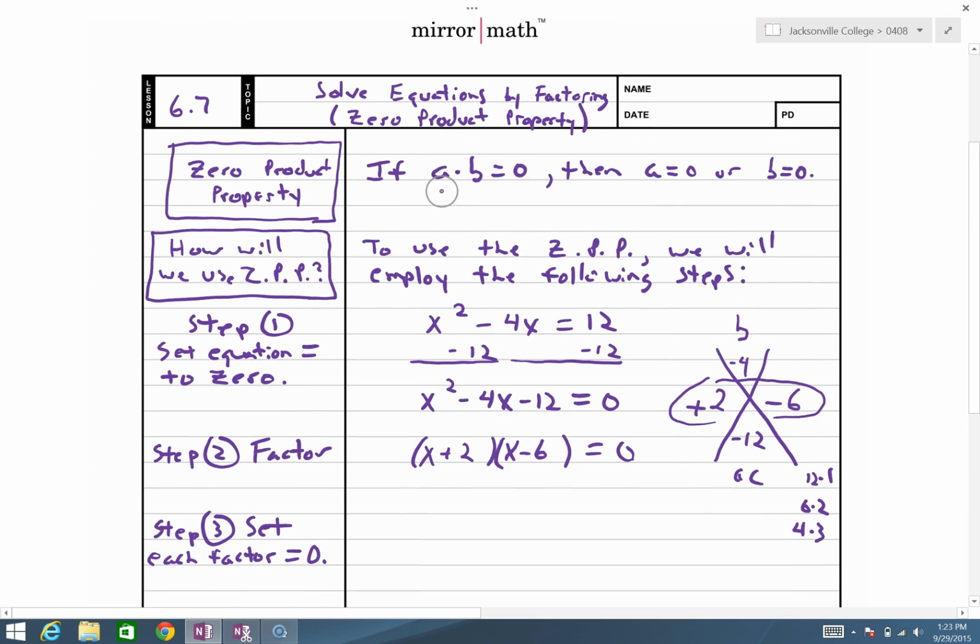We have said if we have two things multiplied together that give 0, then one of them has to be 0. Here we have this times this equaling 0. So one of these two factors must be equal to 0. For the product to be 0, one of the factors must be.